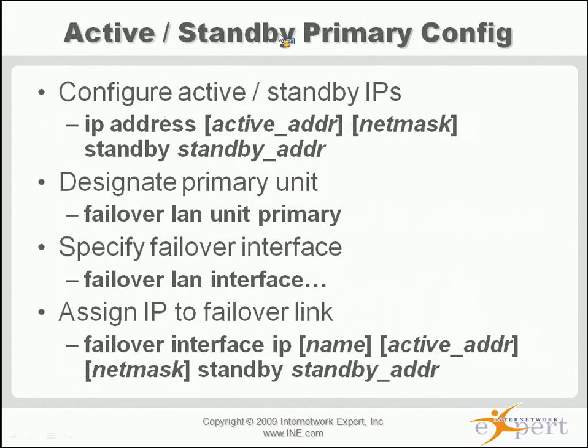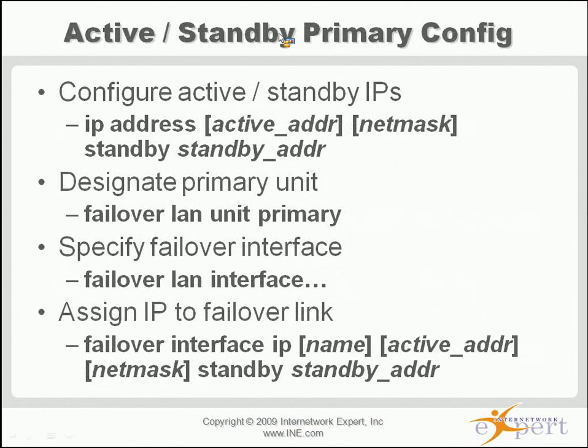Starting off with the addresses themselves. On my regular interfaces, I have my addresses configured. I also have an option at the end of that command for a standby address. In this case, the standby address would be the address of the secondary unit.